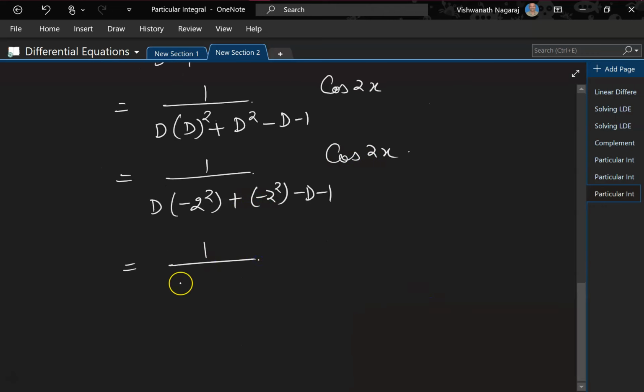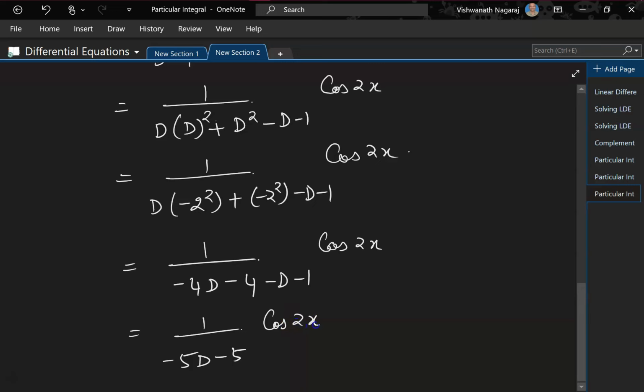Okay, 1/(−4D − 4 − D − 1) cos 2x. This becomes 1/(−5D − 5) cos 2x.